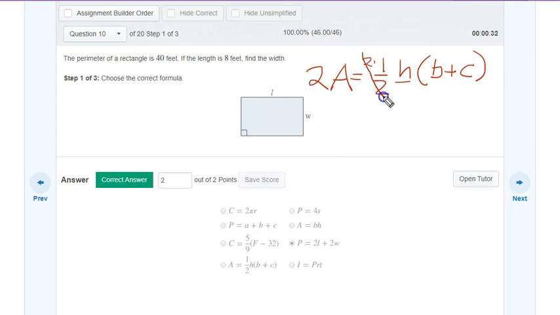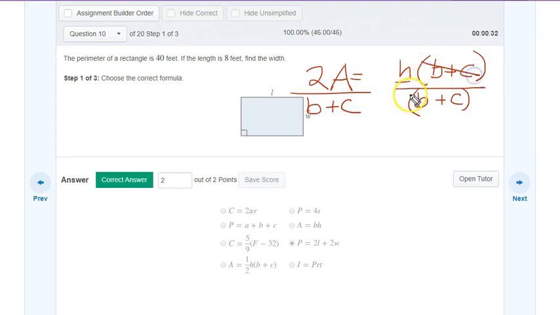So here the 2's cancel out, and I will just erase them to save a little room here. So now we want to solve for H. So what we would do is we would divide both sides by what's in parentheses here, B plus C. You could put that in parentheses or not. So these cancel out, and it's H equals this.